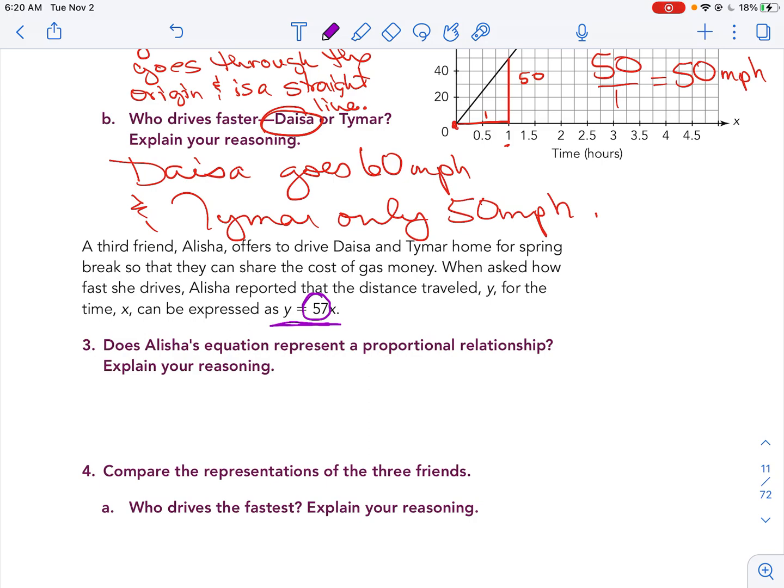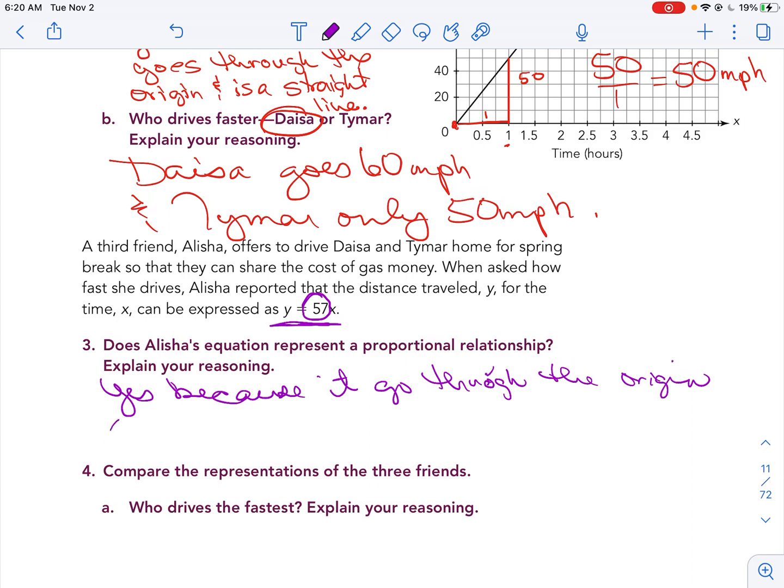So, yes, because it will go through, I misspelled through, the origin, 0, 0, hint, nothing is added or subtracted.